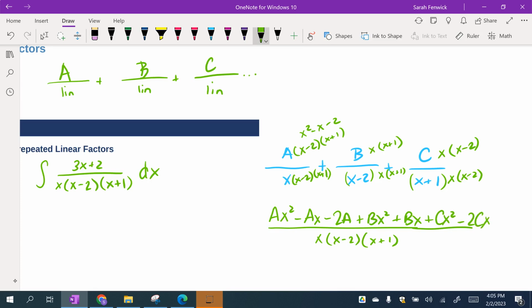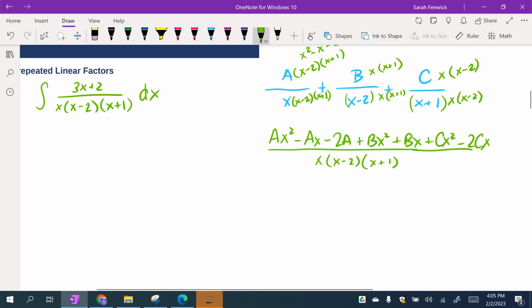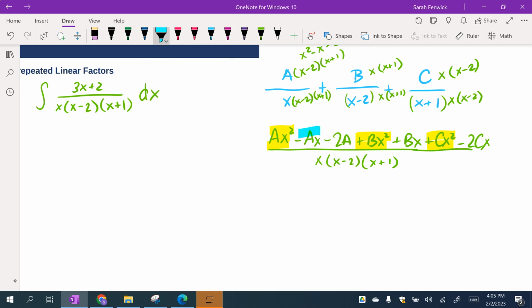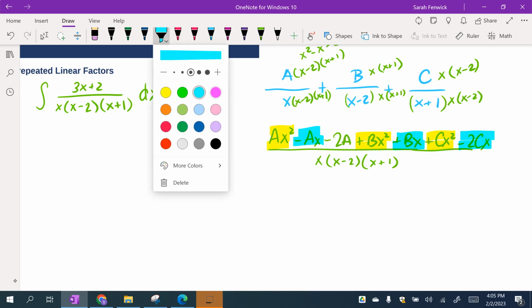Okay? All right. Now we're going to break this up into my like terms. I have x squares, I have x's, and I have a constant.